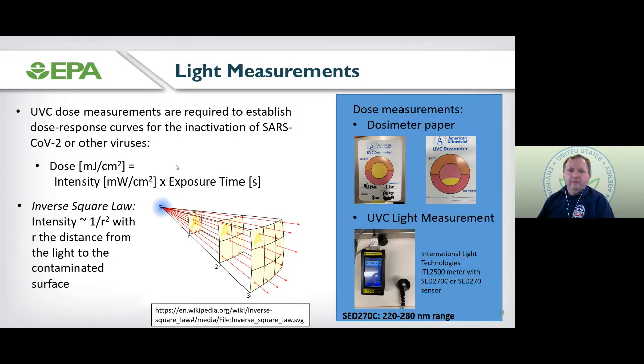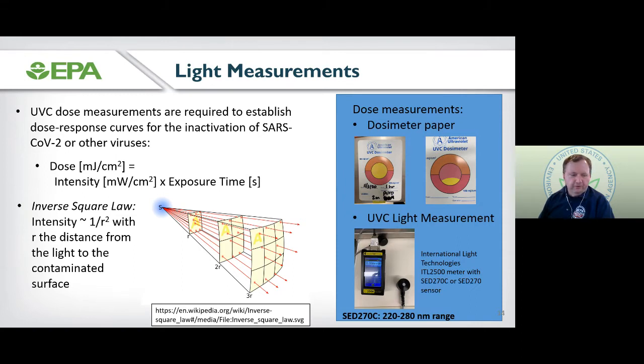So two things to keep in mind when we talk about light measurements. One of the things that we will be talking about is dose. And by dose, we always mean the intensity of the light reaching the surface multiplied by the exposure time. Dose is the variable that you are interested in determining when you start looking at how efficacious a specific technology is, how good it is working, or what it is doing, and dose is the main parameter in that.